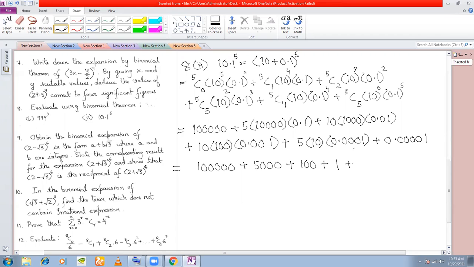Next you have 50 into 0.0001, so this will give you 0.005, plus finally you have this number, write it as it is. Now you add this all up, you will get 105,101.00501, and that should be your answer.